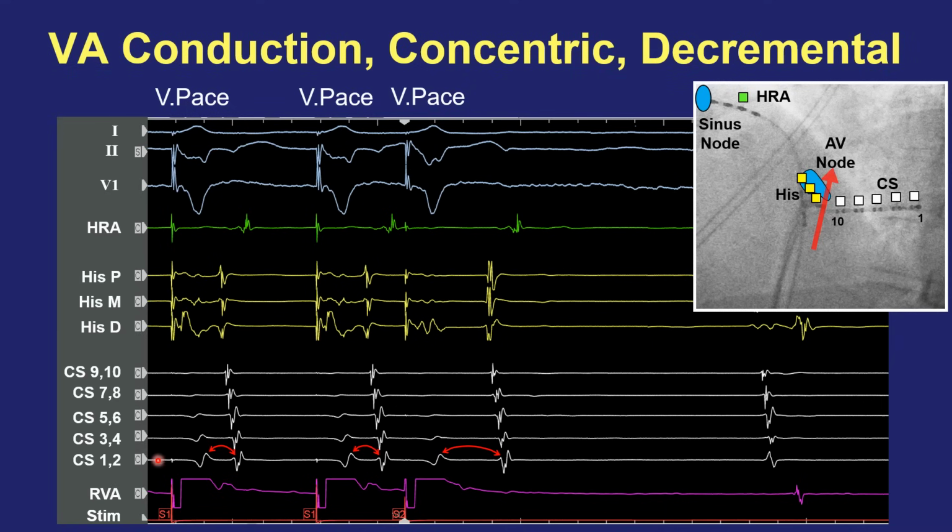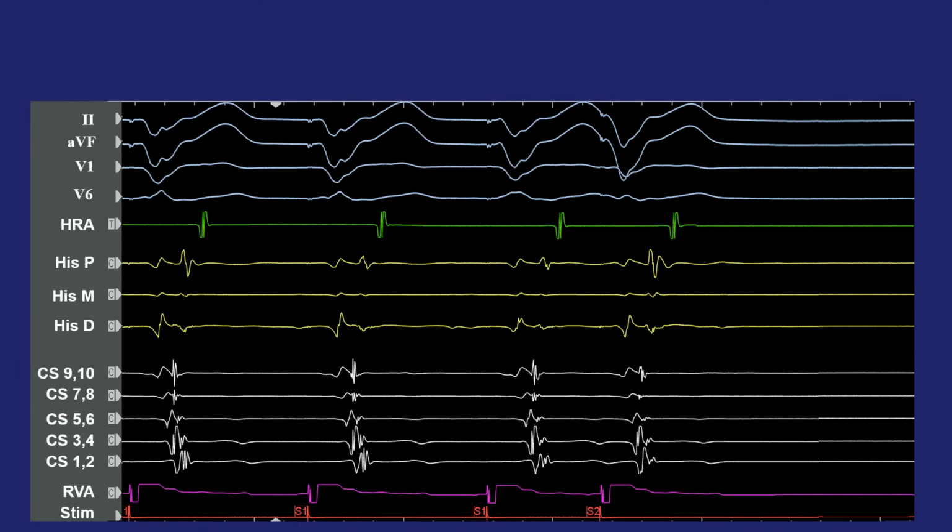In this case, the CS 1-2 pair of electrodes out distal is capturing some far field ventricular signal that times with the QRS, and the near field sharper atrial signal that times with the retrograde P wave, and we can see visually, even without using calipers, how dramatically different the VA time is on these S1 beats versus the S2 beat. So it's very obvious in this example that we have decrement and central conduction and no evidence of an accessory pathway.